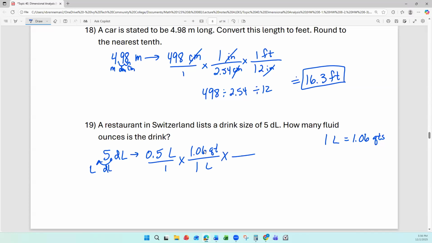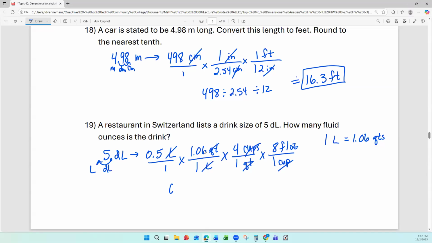And then 1 quart, I happen to know, is 4 cups. You could do the 1 quart to 2 pints and then the 1 pint to 2 cups. And then 1 cup is 8 fluid ounces. So the liters cancel, the quarts cancel, the cups cancel.